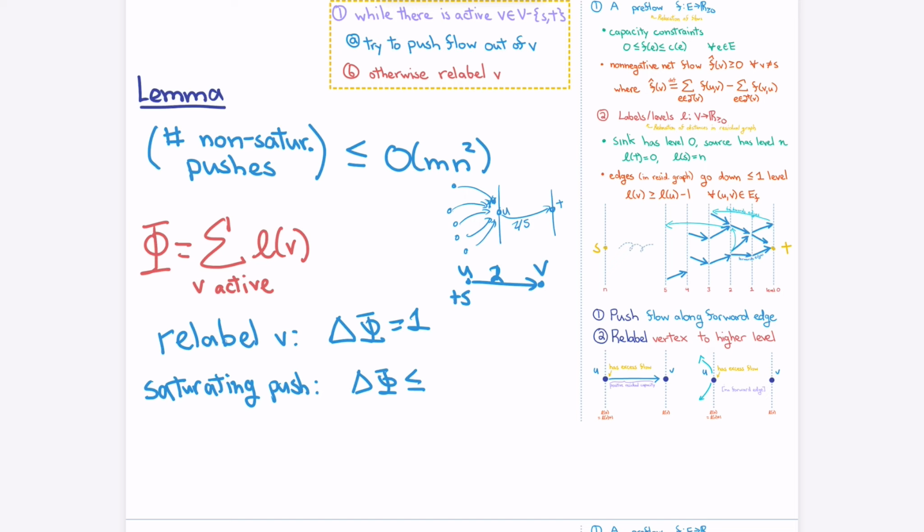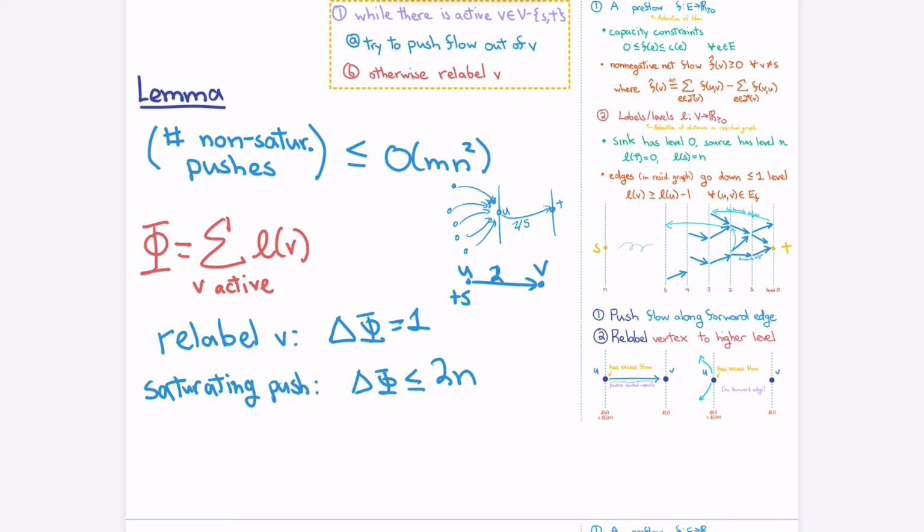U has positive flow, but V doesn't. V is not active on this edge. So I push flow, but I don't even get to use up all of U. V becomes active, U stays active. So my potential goes up because V is now part of the sum. How much can it go up by? Not 1. It's not 2. So how big can the level of V be? 2n.